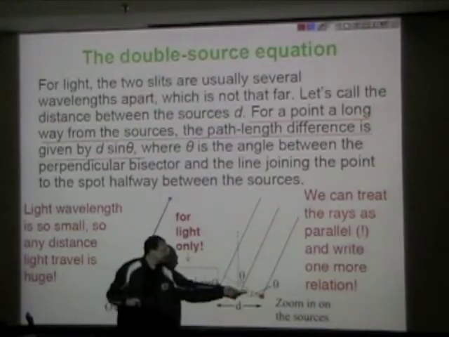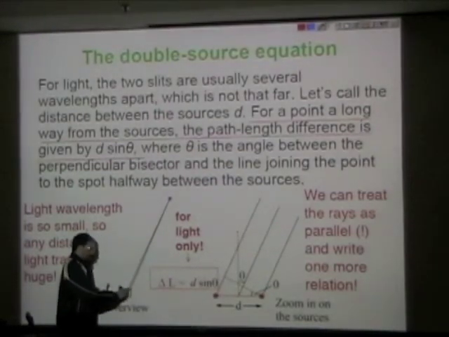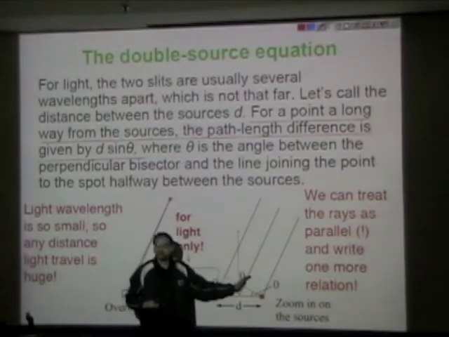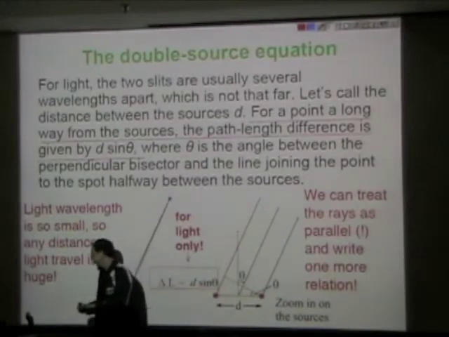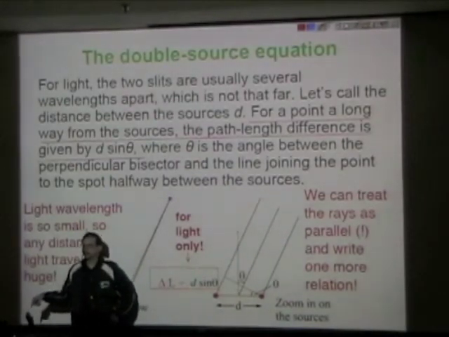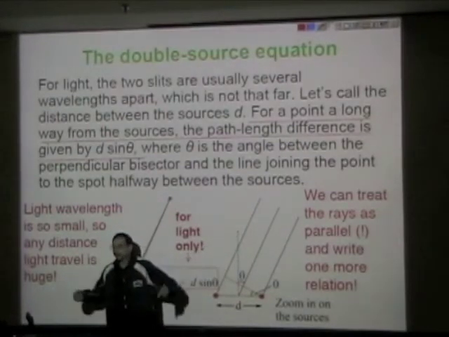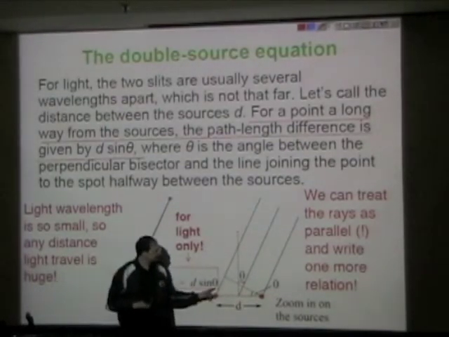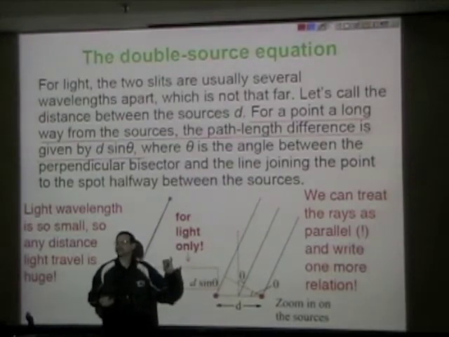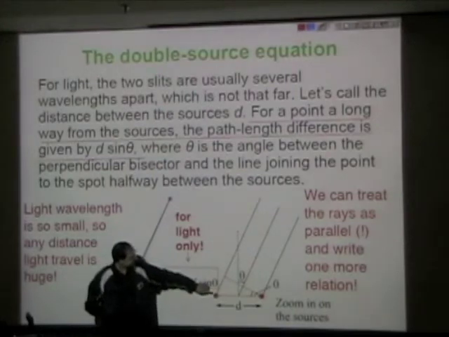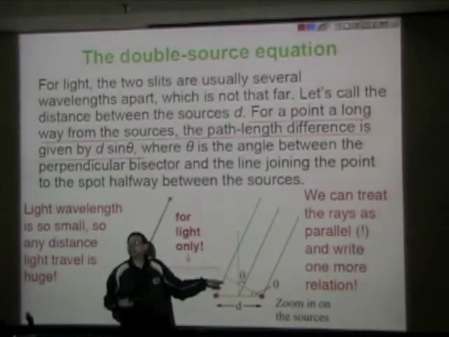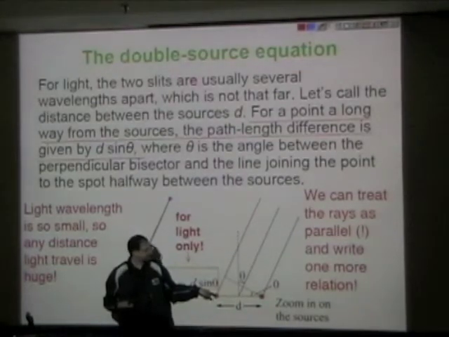And this is the larger version of this picture. When all these light rays travel from the source, from the laser to the screen, practically parallel to each other, we can add one more equation, strictly geometrical. So this ray reaches the screen traveling a little bit longer distance.